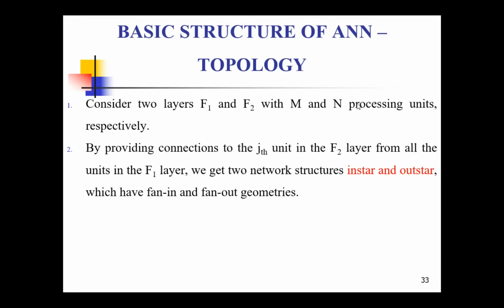That is, I consider a neuron in the F2 layer, and that neuron will be connected from all the input layer neurons. Based on the connections, we have two topologies, instar and outstar, which is like a fan-in and fan-out geometry.